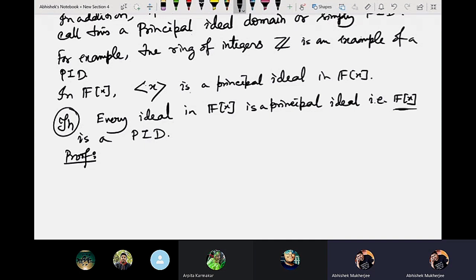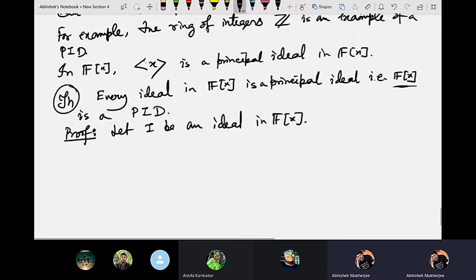So let us consider an ideal. Let I be an ideal in F[x]. Two cases may arise.